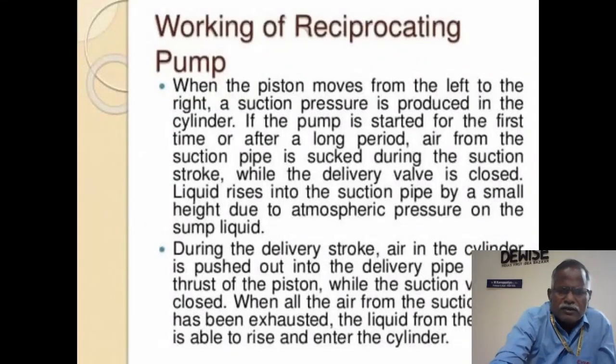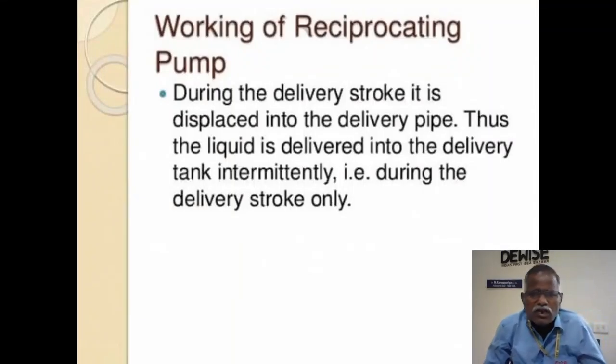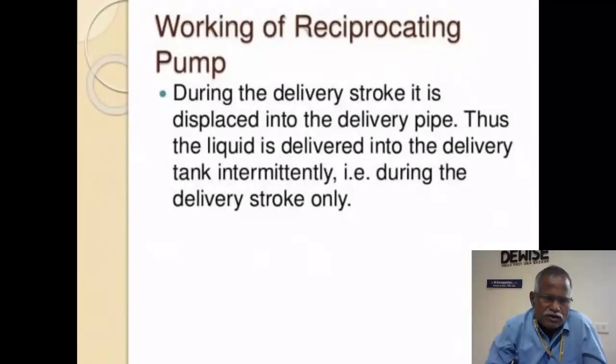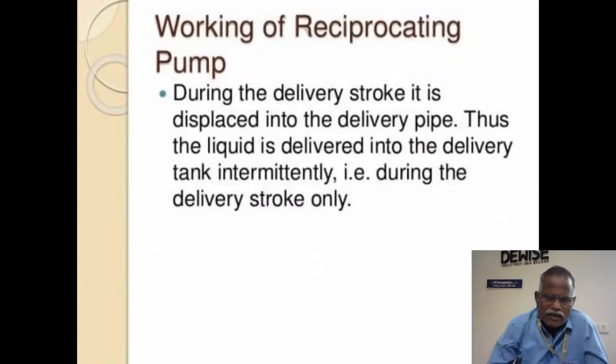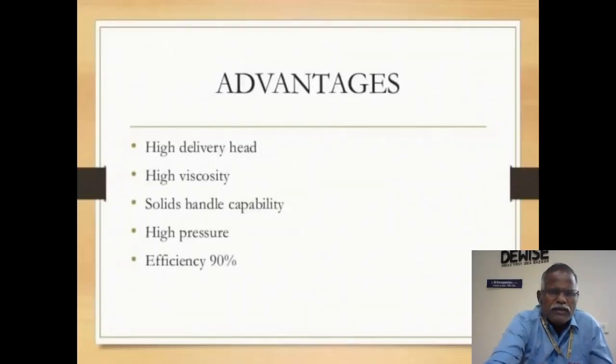When the air from the suction has been expelled, liquid from the sump occupies the cylinder. During the delivery stroke, it is displaced into the delivery pipe and delivered to the delivery tank.